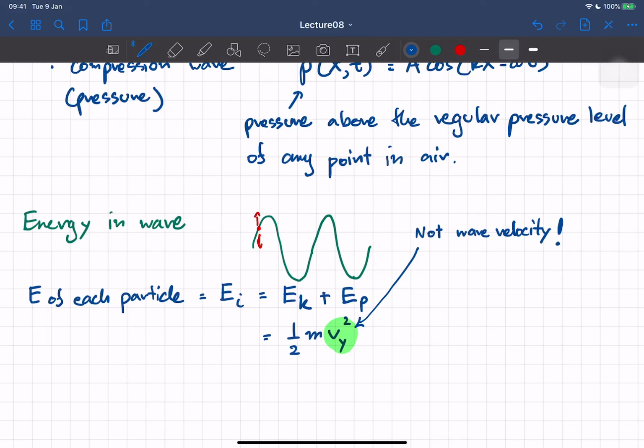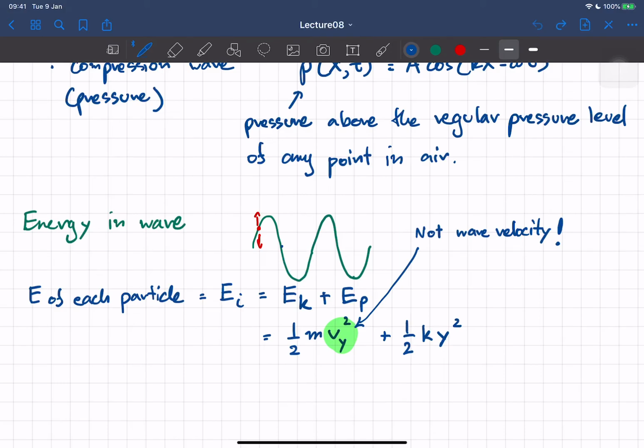So 1/2 m vy squared plus the potential part. If we talk about a mass and spring, then it's going to be 1/2 kx squared. But we didn't use x for displacement, right? Remember, we use y in this case. So it should be 1/2 ky squared, not x squared, because we use x as the location in the horizontal direction.